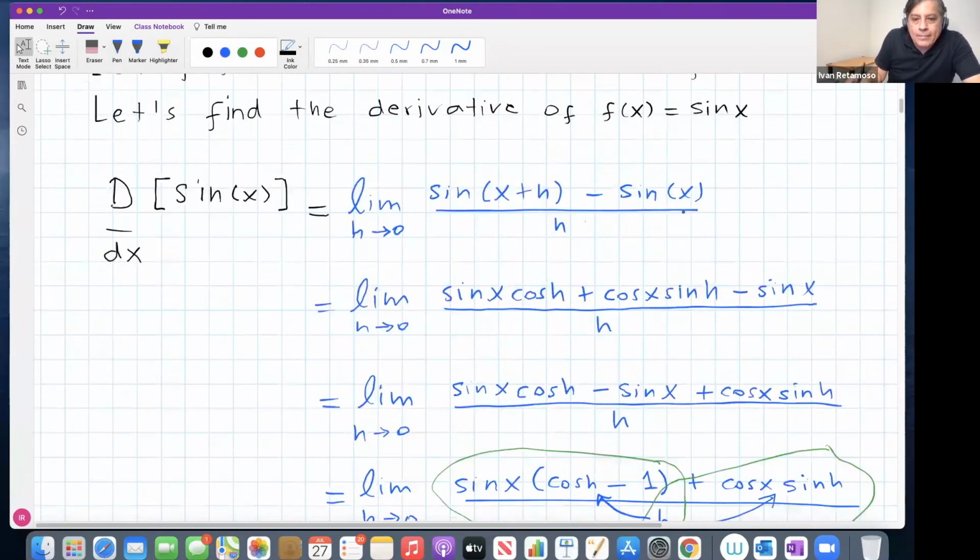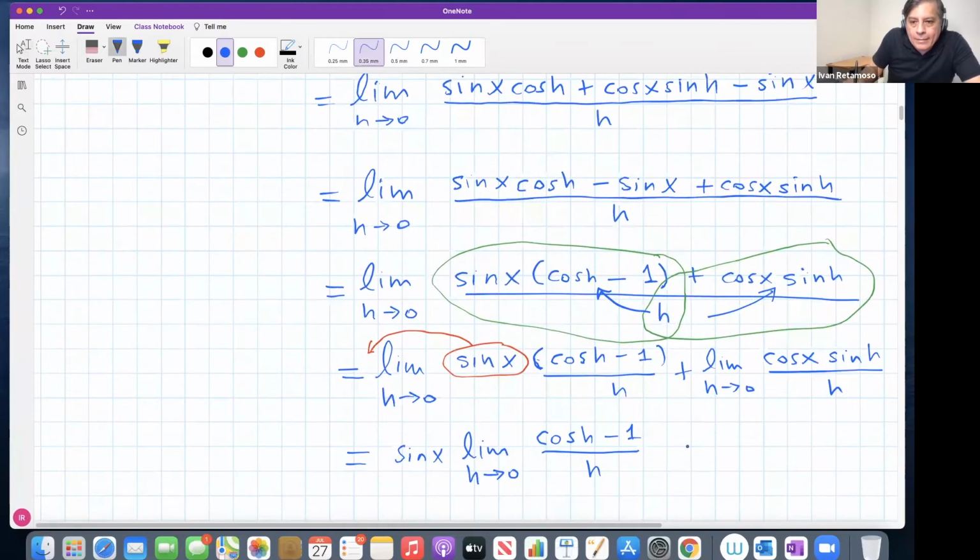All right, similarly here, notice cosine of x is just a constant for h, which is playing the role of the variable. So you can take this out. So cosine of x multiplied by the limit as h approaches 0 of sine of h over h.